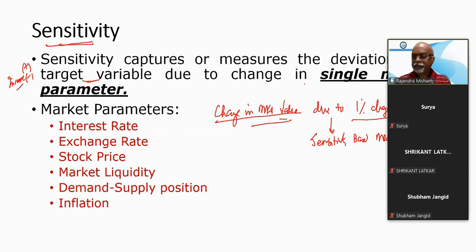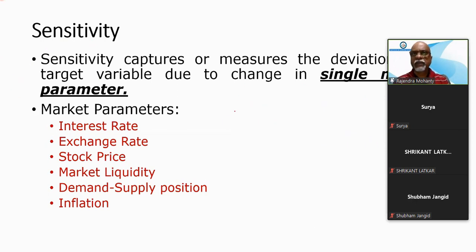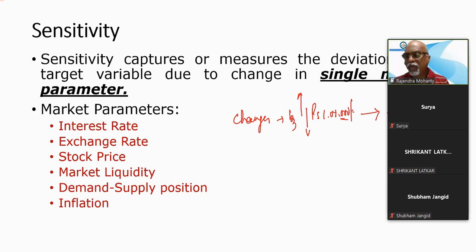Say, suppose there is an entire portfolio, and the entire portfolio changes by rupees 1 lakh. Changes means either it goes up or goes down due to a 1% change in rate of interest.